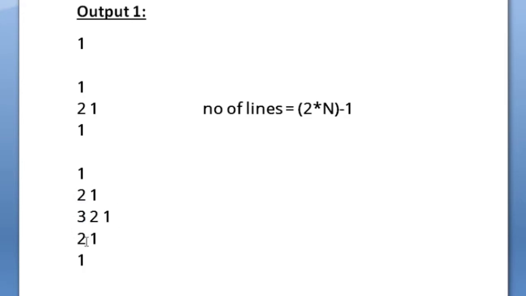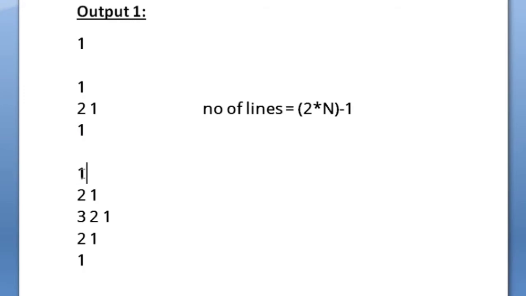So 3 becomes 2 and then it becomes 1. This is the starting point. The starting point is initially 1 and then it goes until the value of n and then it reduces to 1. For the second triangle it starts from 1, goes until 2, and then comes back to 1.